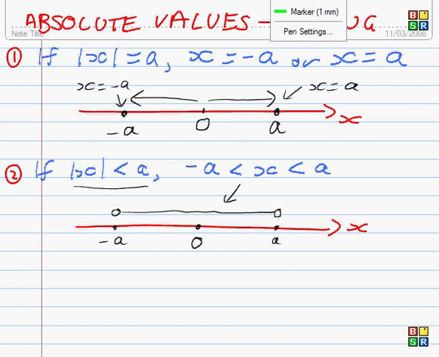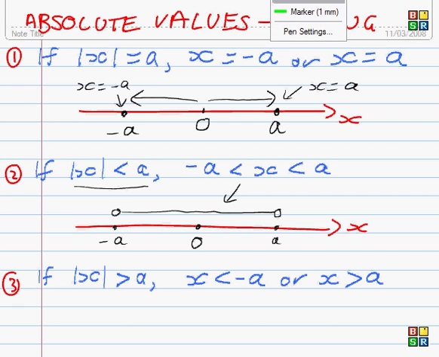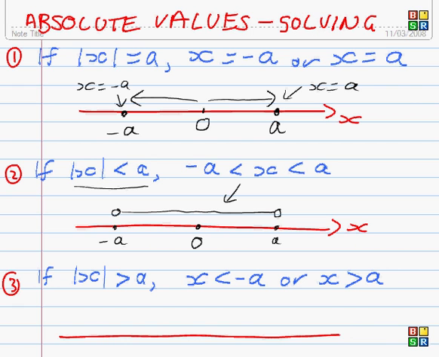The third type of absolute value equation or inequation that you could get is if the absolute value of x is bigger than a, and what we get here is it has two parts. It means x is less than minus a, or x is bigger than plus a. And again, we should be able to see this on the number line.